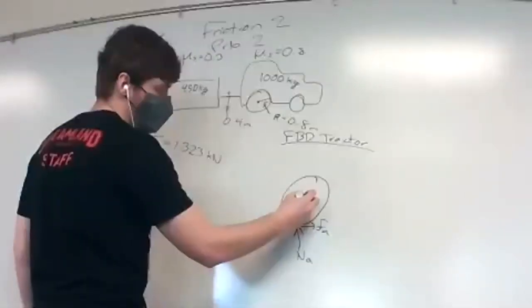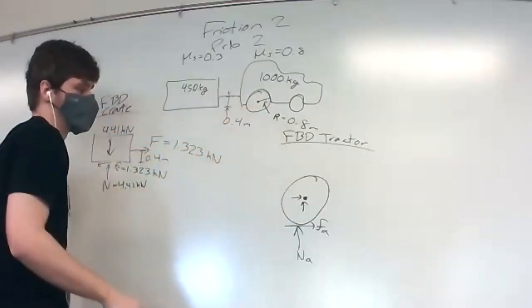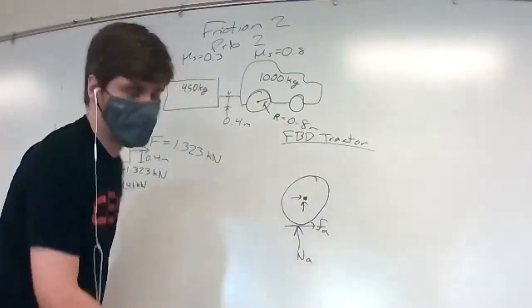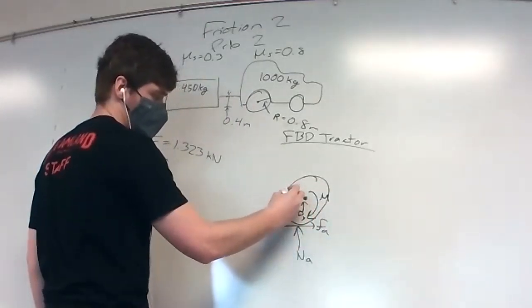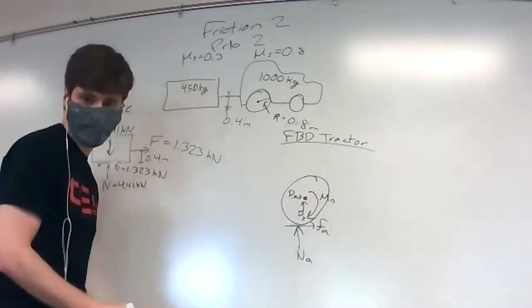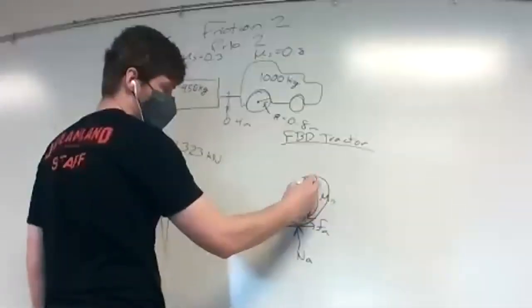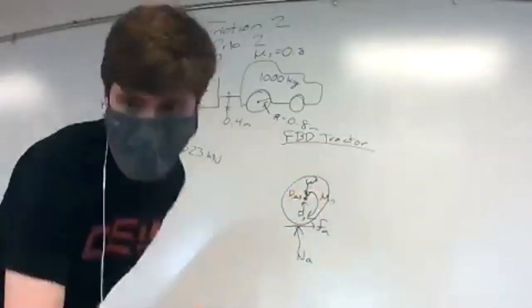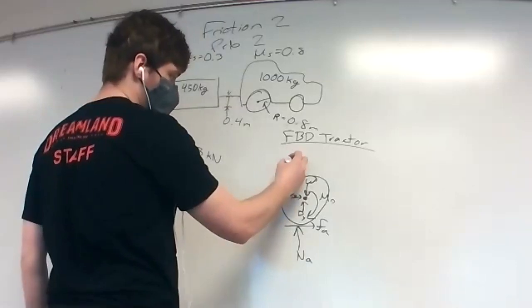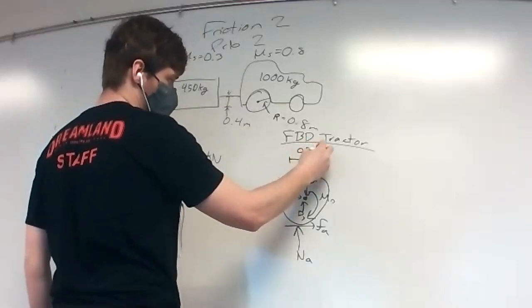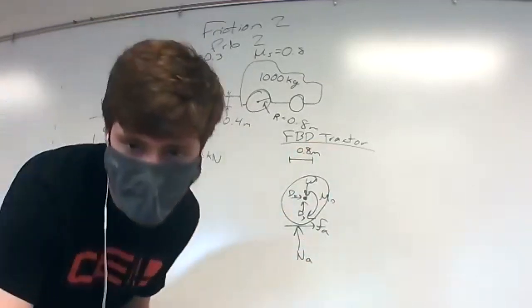We'll call this center point D, and we'll have a DY and a DX, because the center of the tire has reactions, and we'll have a moment M, and we'll have the weight, and we'll have the radius, 0.8 meters. So here we have the free body diagram for the wheel.